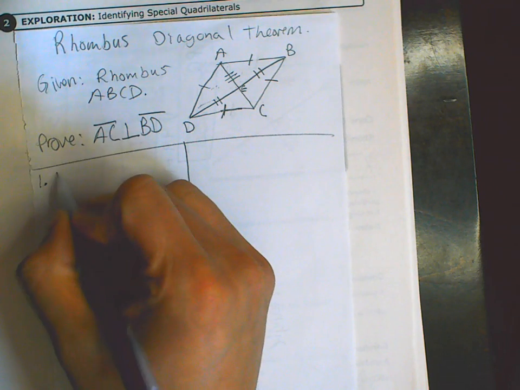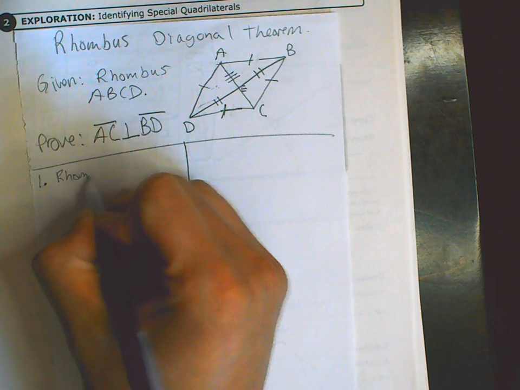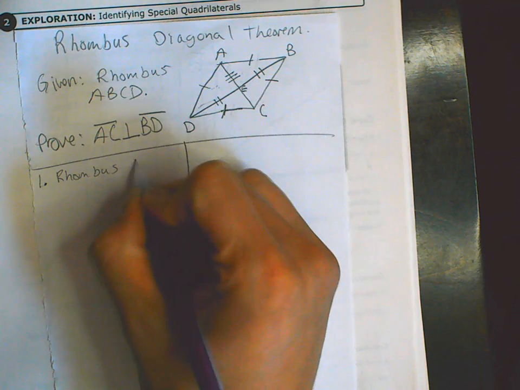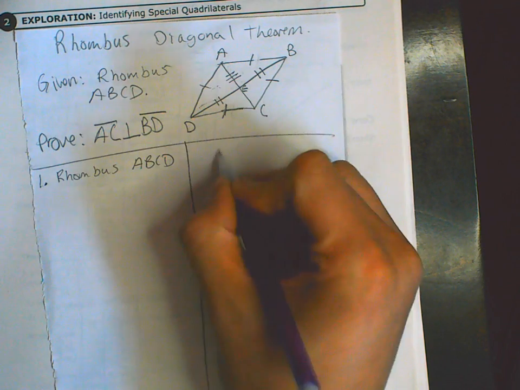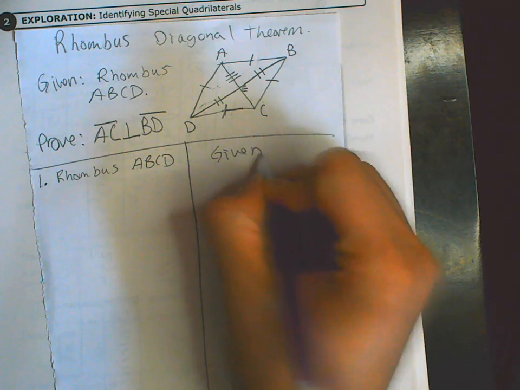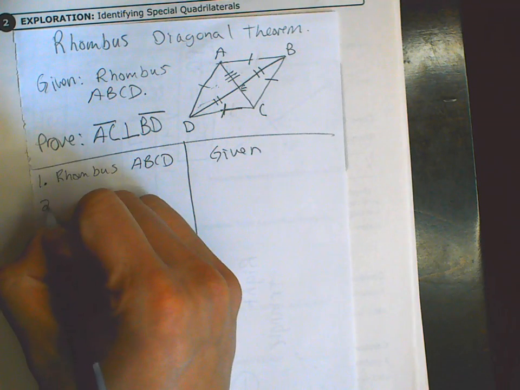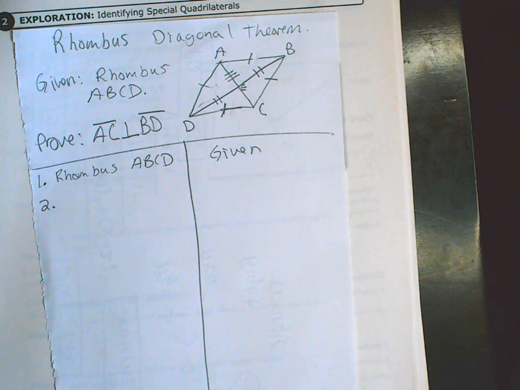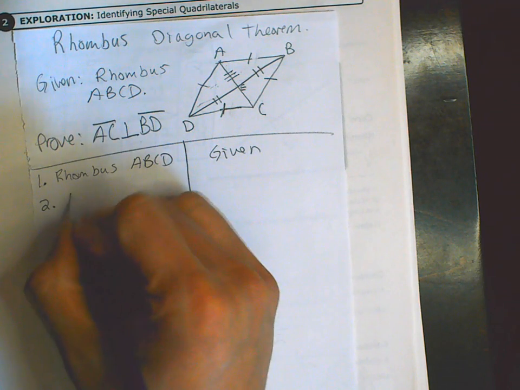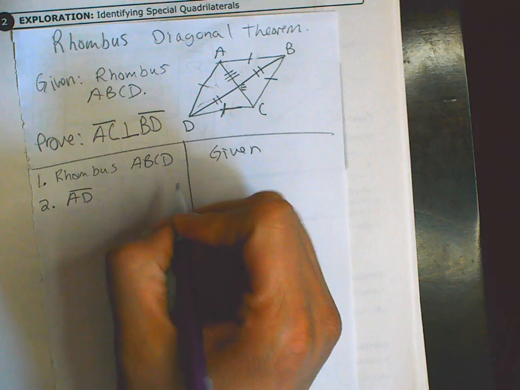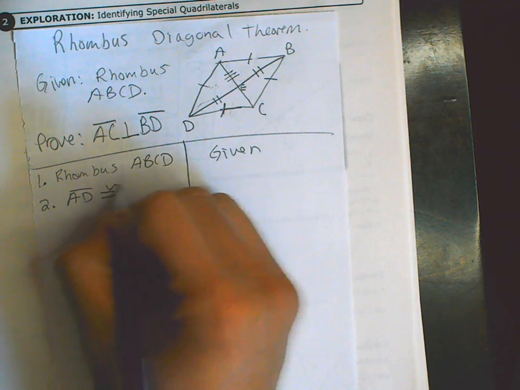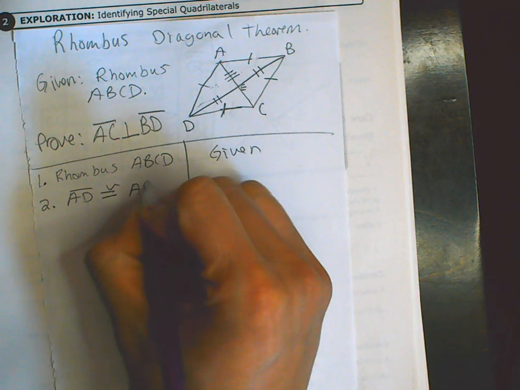Okay, so we have rhombus ABCD. That is given. Because it is a rhombus, you're going to have segment AD congruent to segment AB.